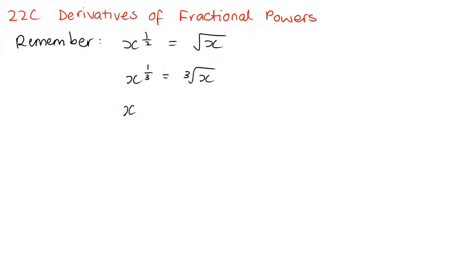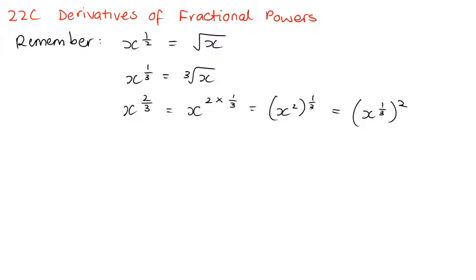If we have x to the 2/3, for example, that's the same as x to the power of 2 times a third. 2 times a third is just 2/3, which you can then write as x squared to the power of a third. Or if you do a third times 2, then it could also be x to the 1/3 to the 2. This is all just 2 times a third equals 2/3.